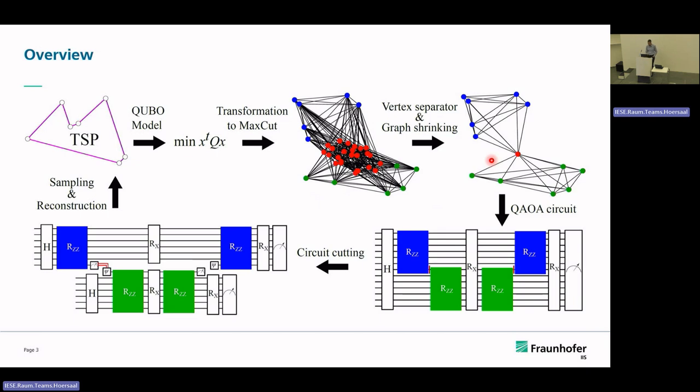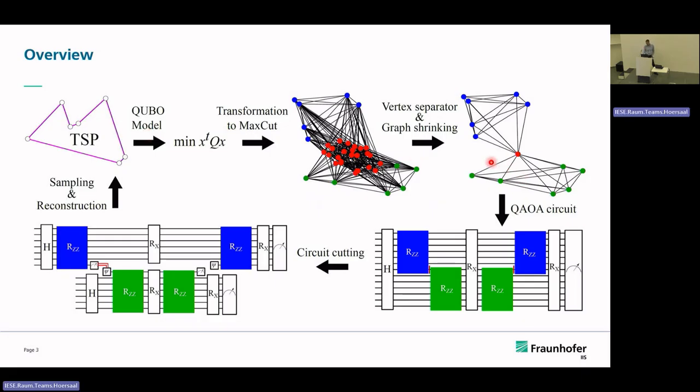So the red cloud here is actually a vertex separator, but it does not have low cardinality. And what we do with graph shrinking is we construct a graph that has a low cardinality vertex separator. And the point of this graph shrinking is that you can actually recover a solution from the smaller instance to the original problem.